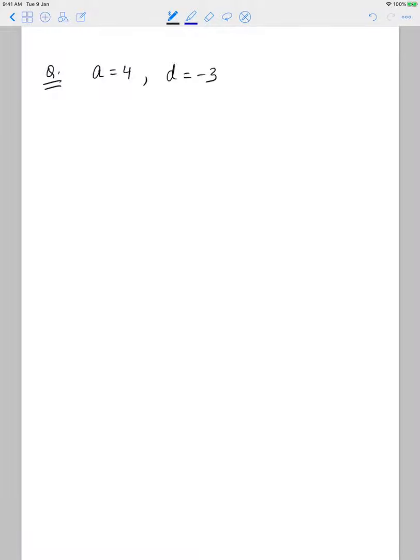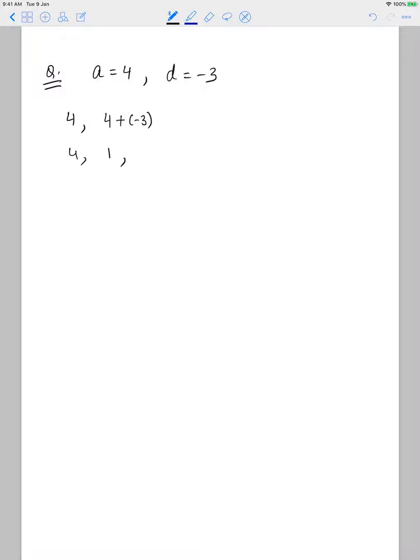Now here the first term is 4, so our AP will start with 4. The second term will be obtained by adding the common difference, that is minus 3, to it. So what will you get? 4 plus minus 3 is 1.